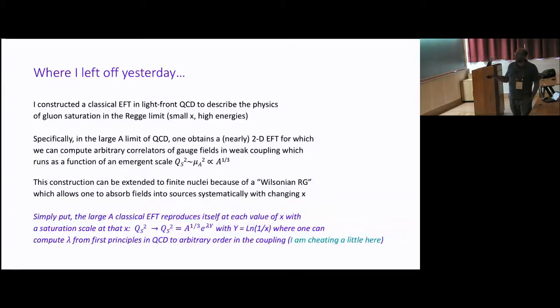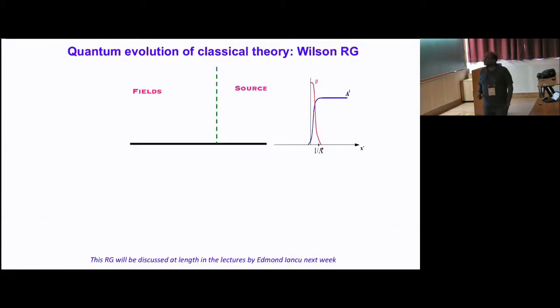But the bottom line is that you're souping up the scale, so if this is becoming large, then you don't have to be at very large nuclei. The beauty of this approach is that the classical EFT reproduces itself with each order. What I talked about yesterday was the separation between sources and fields.